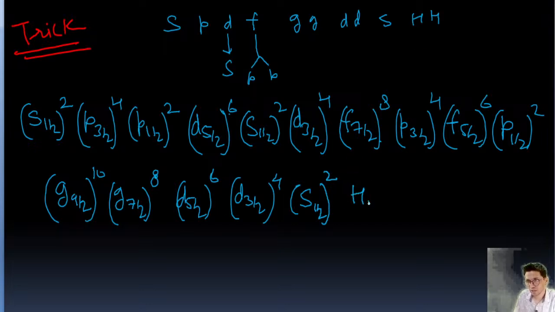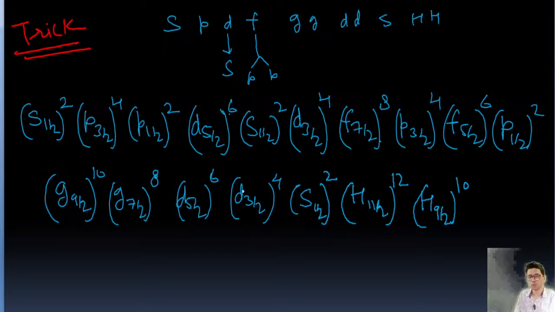So H 11 by 2, and in G there are 18 electrons, in H there are 22 electrons, means 12 electrons here, and H 9 by 2, and there would be 10 electrons.